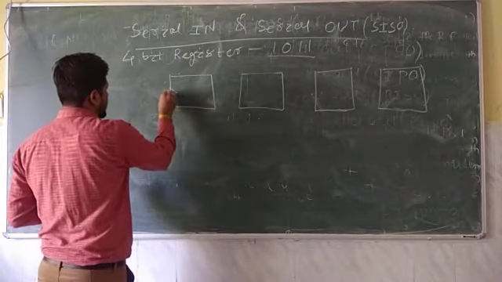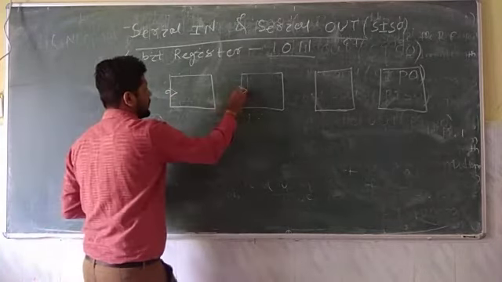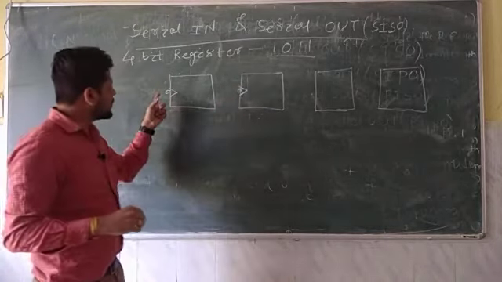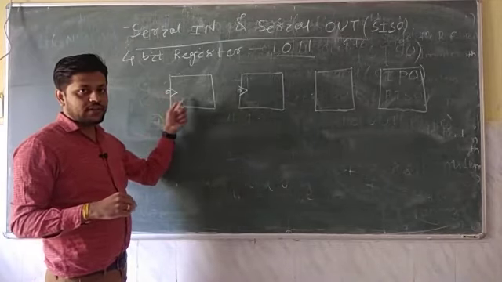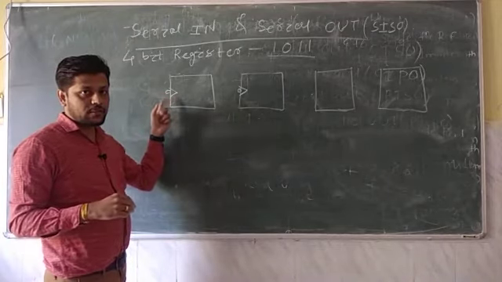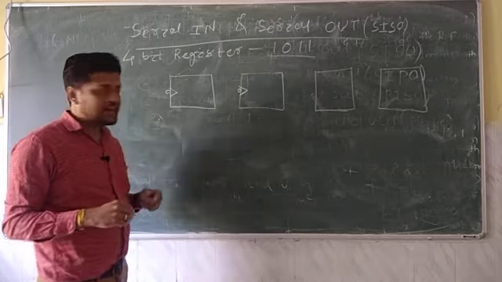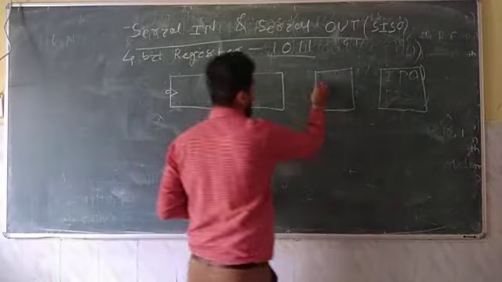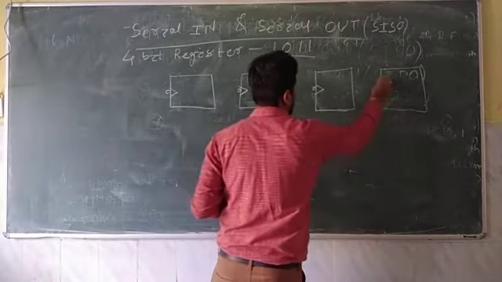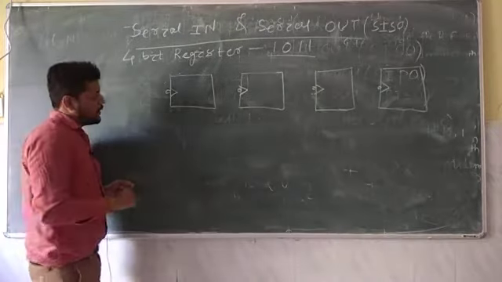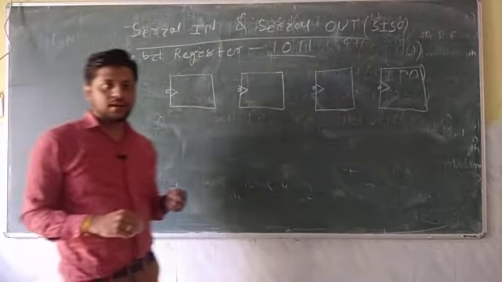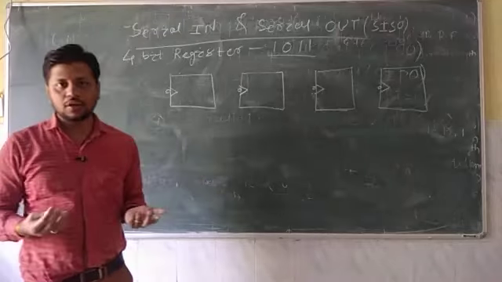Then I need a clock. This arrow mark along with a bubble is the indication of a negative edge trigger flip-flop. I have already explained in the previous class that the clock is applied either level trigger or edge trigger.